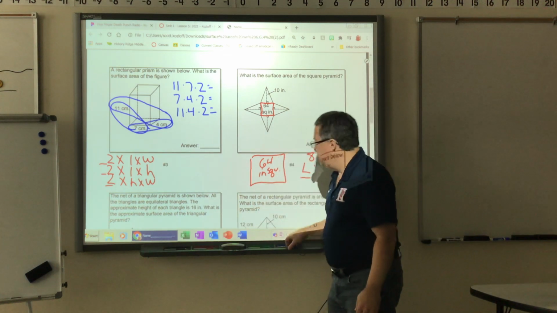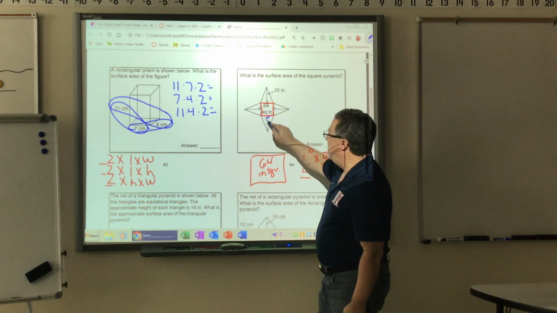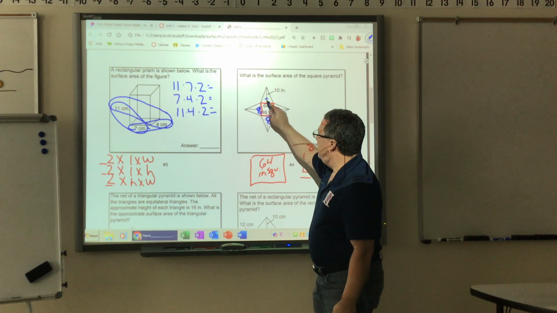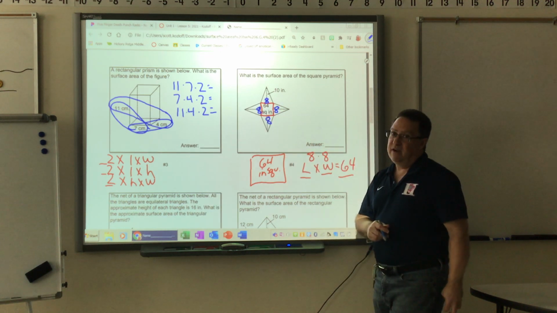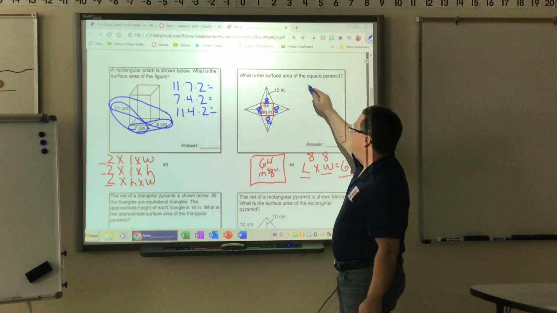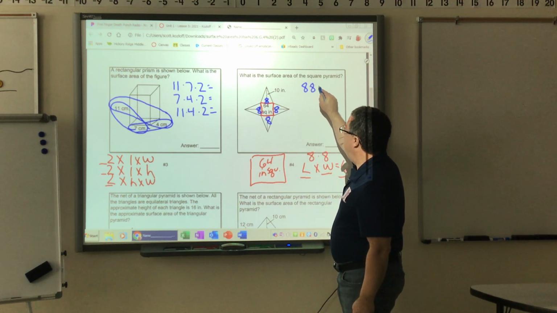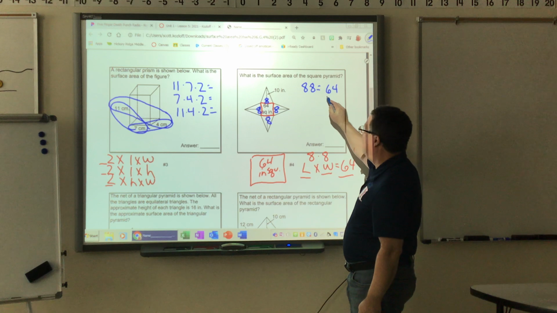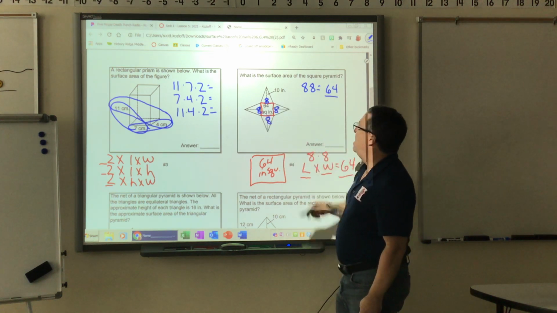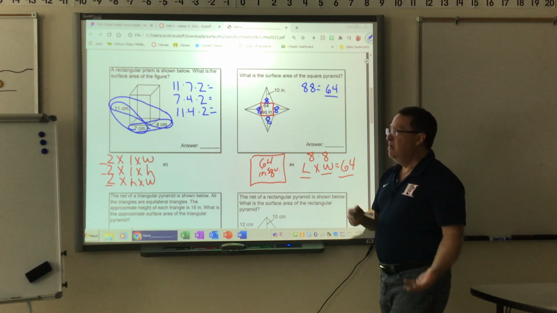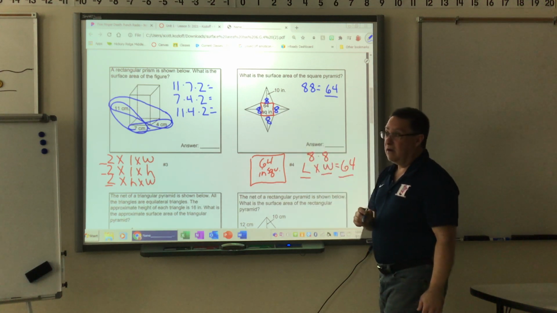So what that means is every side of the square has got to be 8 inches. So if every side of the square is 8 inches, again, I know that 8 times 8 equals 64, so there's my first surface area. All of the triangles have to be the same because it's a square.